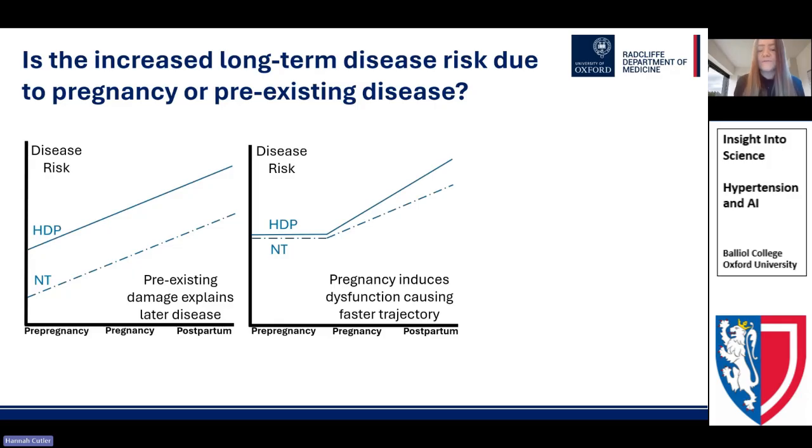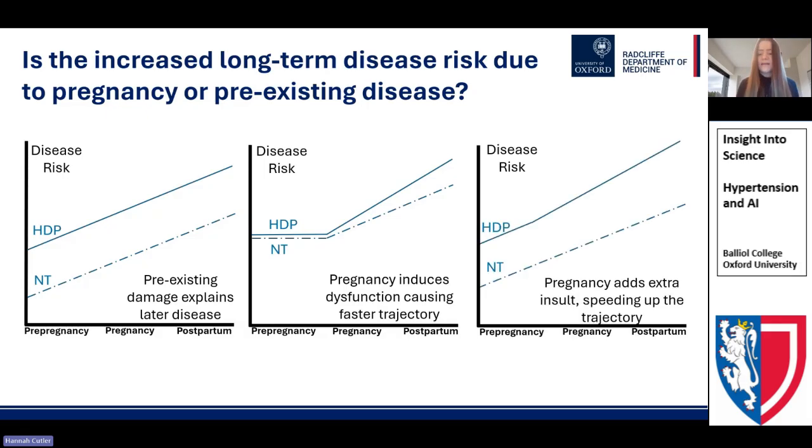Our second hypothesis is that pregnancy itself induces dysfunction, which then causes a faster trajectory towards disease. So they take a hit during the pregnancy, and then this puts them on a faster trajectory towards disease. And then our third hypothesis is a bit of a combination of both. So the women with hypertensive pregnancies may already have some kind of underlying dysfunction within them that causes them to have problems during pregnancy.